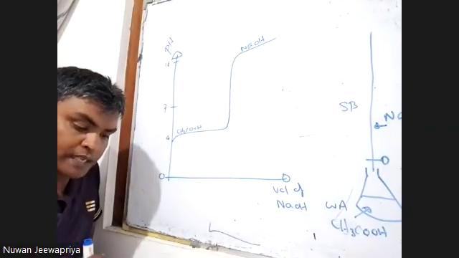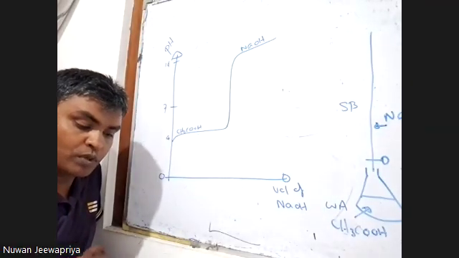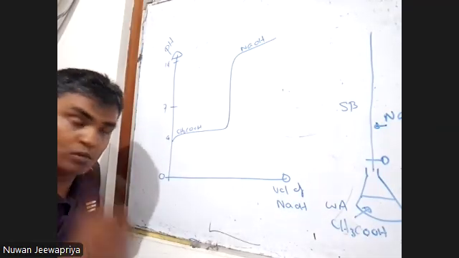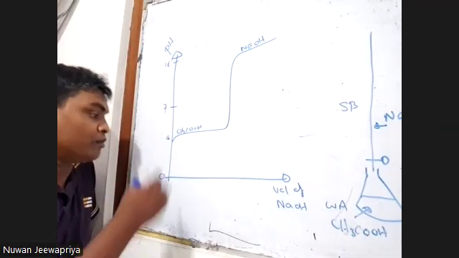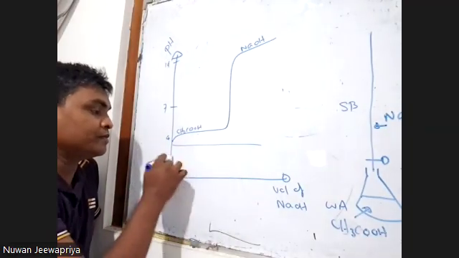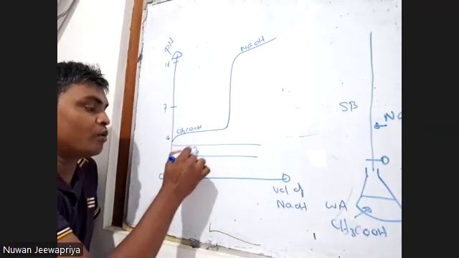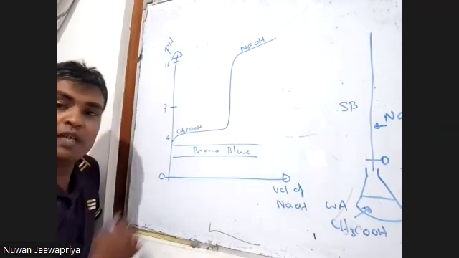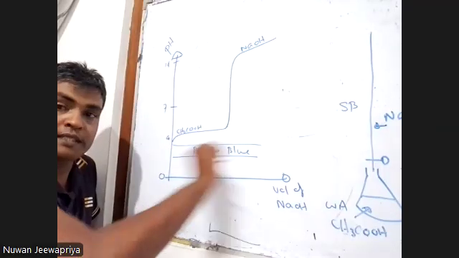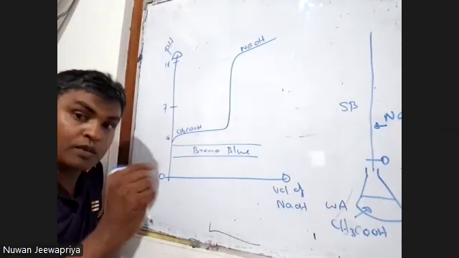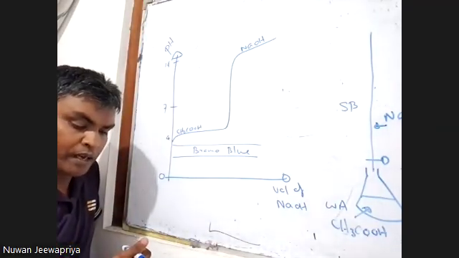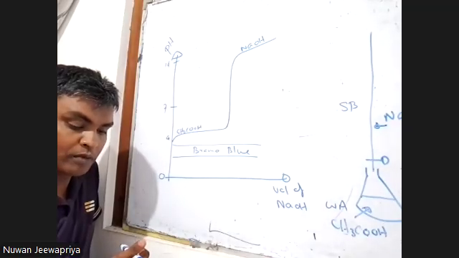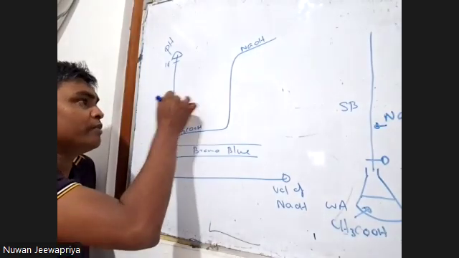So you see the first answer, bromothymol blue. If you refer to the data booklet, page number 19, the pH range of bromothymol blue is somewhere here. Its pH range is in this area, so it is not a suitable indicator.